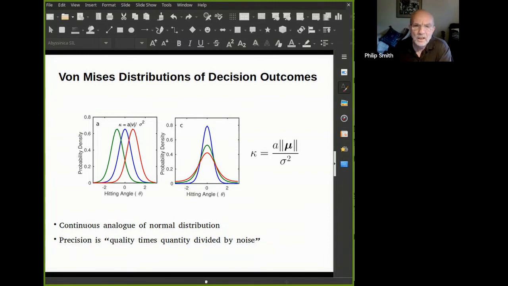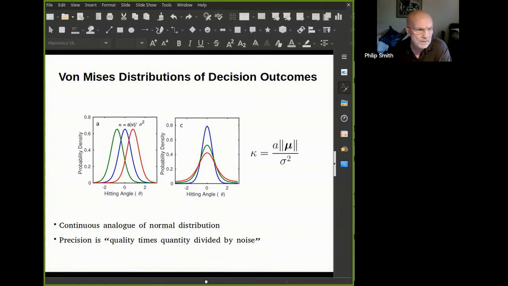So loosely, precision is the reciprocal of variance. High precision is low variance, and conversely. So the three distributions on the right are three predicted distributions of decision outcomes that display different levels of precision: high, medium, and low precision.